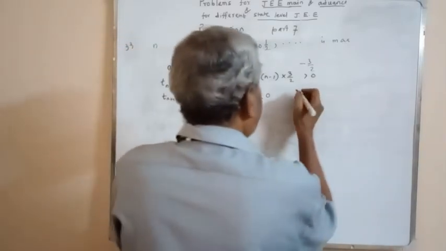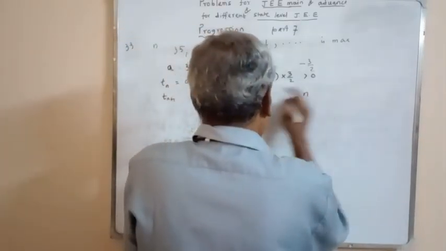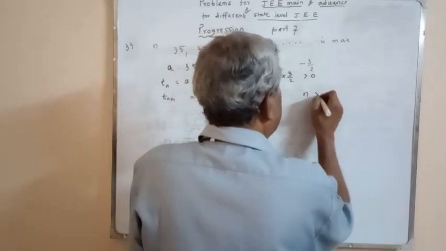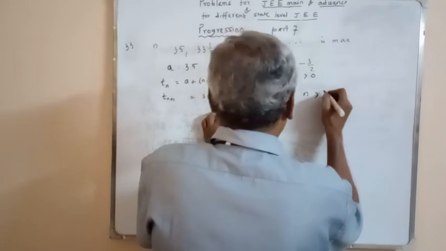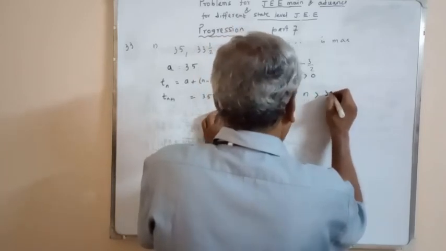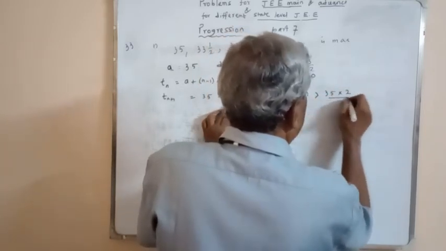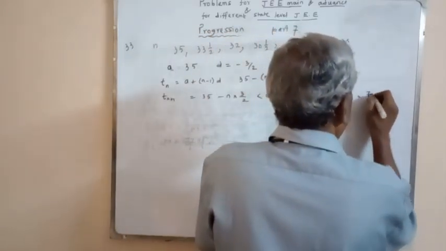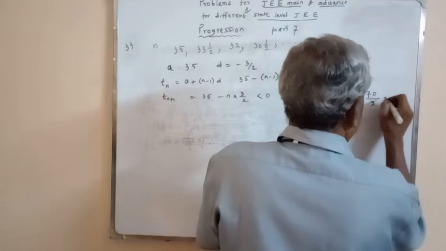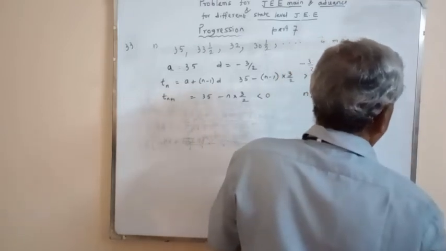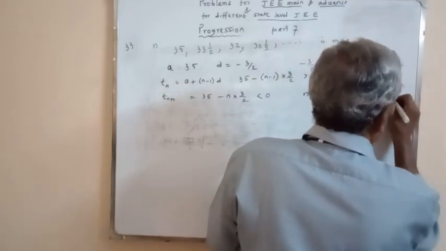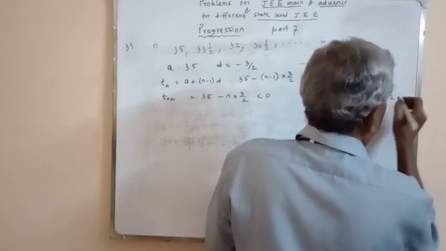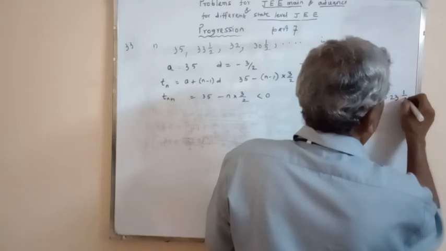That is, this n, take that side, is greater than 35 into 2 by 3, that is 70 by 3, that is 23 and 1 by 3.